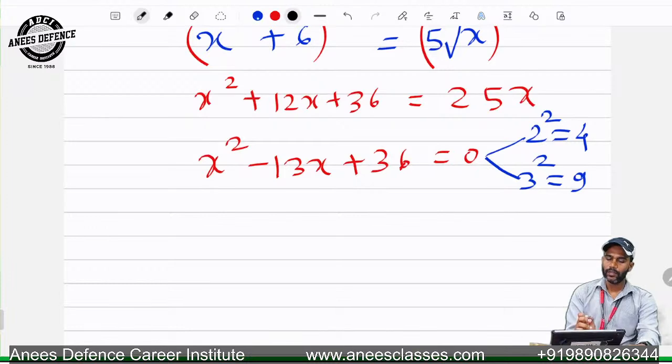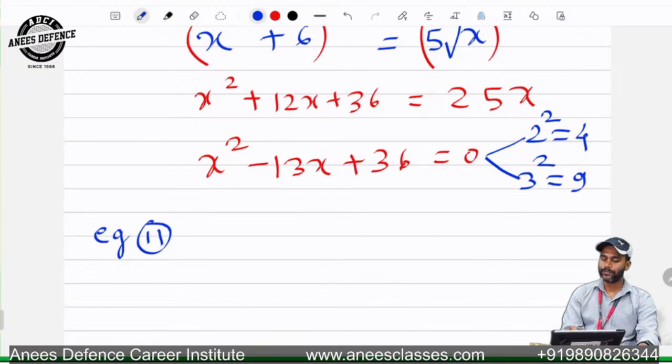Okay. Now, one more example, not on transformation. See, example number 11.